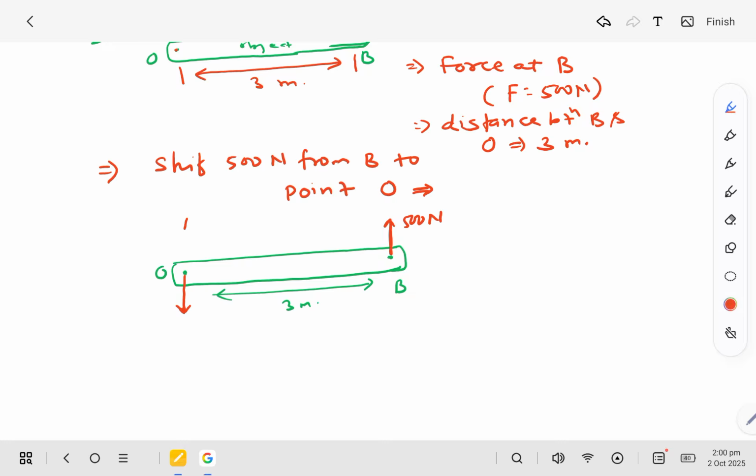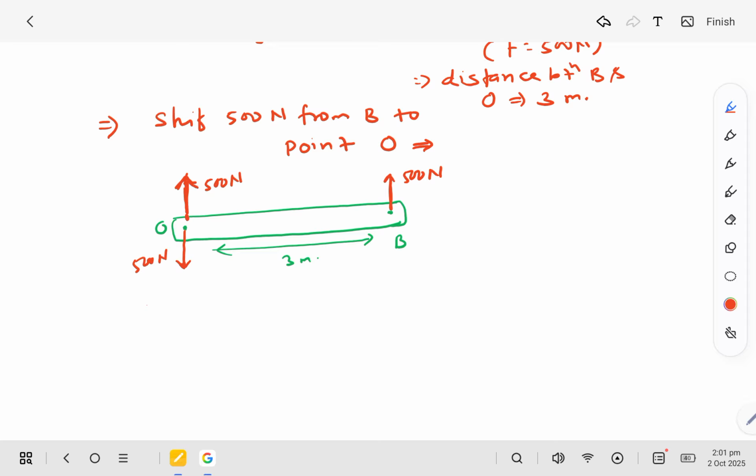So I will introduce two forces at this point, 500 Newton and this is also 500 Newton. The net sum of these forces will be 0, so there is no additional change to this body due to both forces.